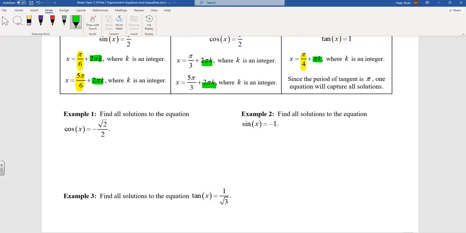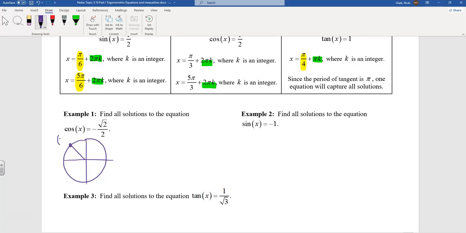So let's try to solve a couple of equations before we go, okay? Find all solutions to the equation cosine of x equals negative square root of 2 over 2. So I could think of doing inverse cosine, but there's no restrictions on the domain because our original question is not an inverse cosine. So I'm thinking on my unit circle, negative root 2 over 2. It's the pi over 4s where I get root 2 over 2.